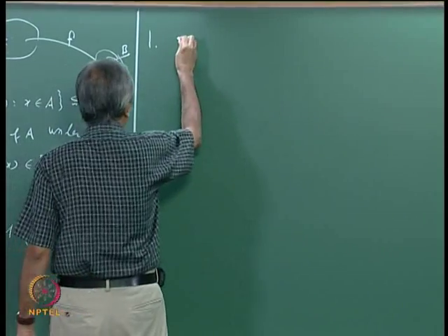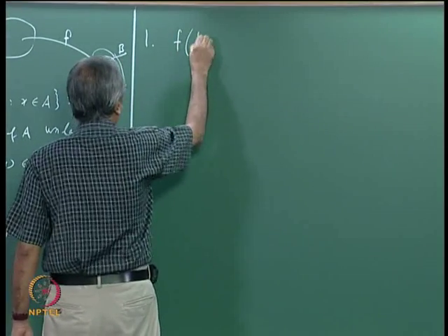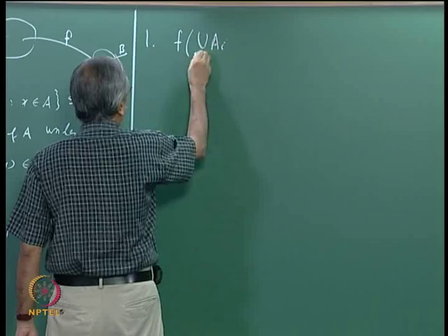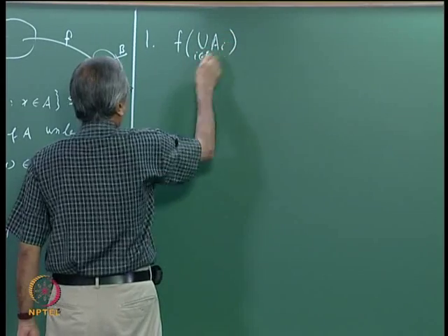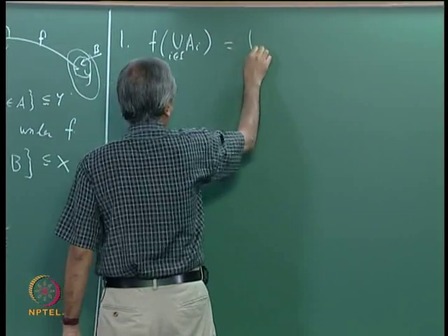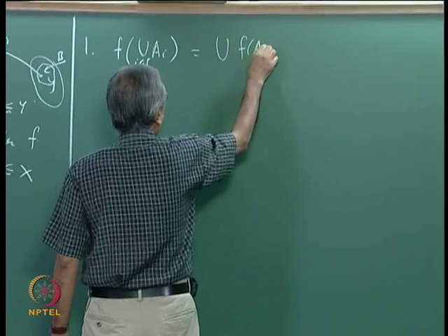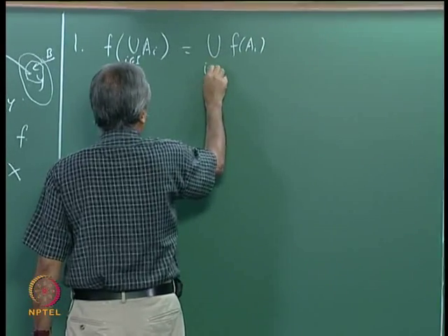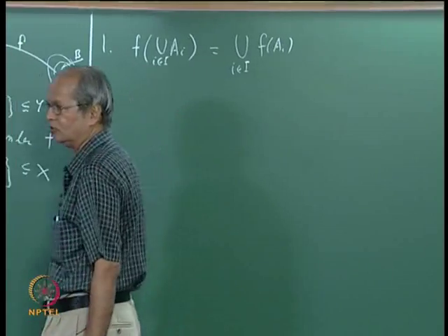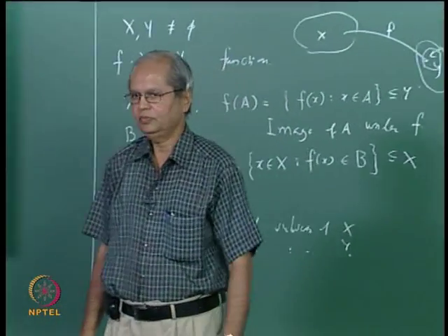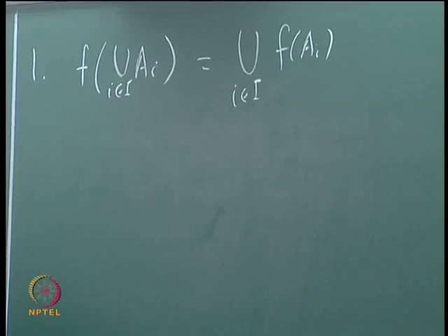So let us say the first property is: image of the union, f of union A_i, i belonging to I, is the same as the union of f(A_i), i belonging to I. This is elementary set theory, so I will give this to you as an exercise. Try to prove it on your own.